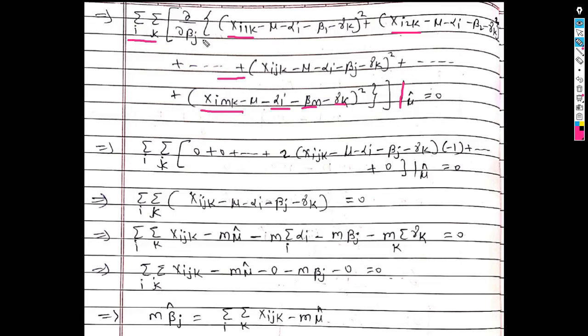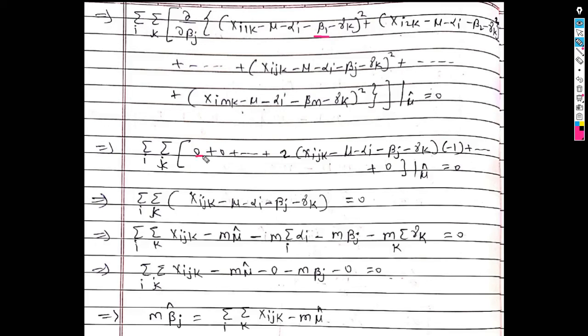Now take the differentiation under this curly bracket. The differentiation of the first term with respect to beta j is 0. Why do we get derivative 0? Because here we have beta 1, so when we differentiate this term with respect to beta j, we get 0.